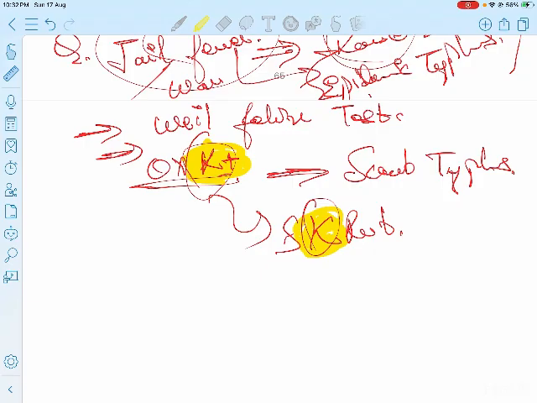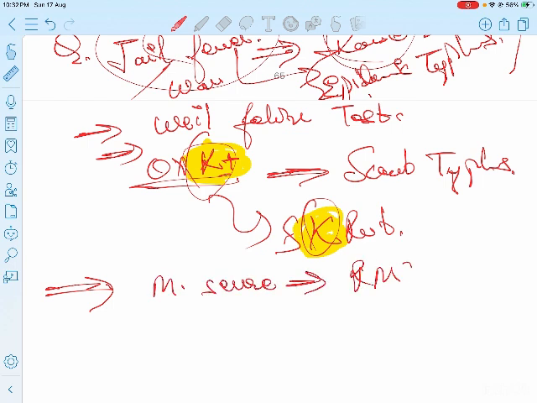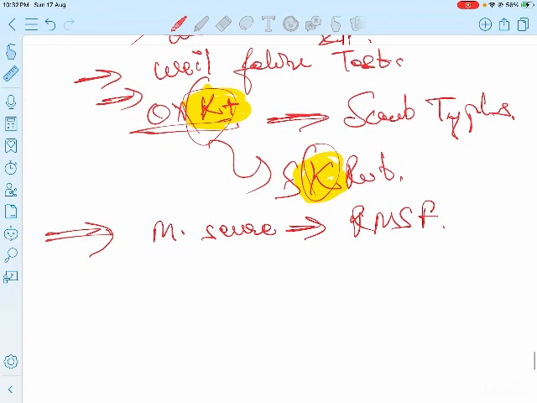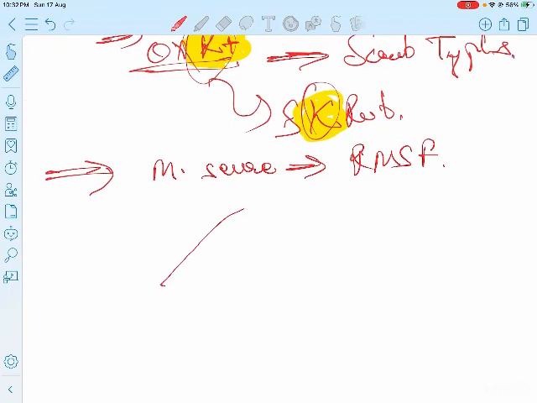Now the most severe disease of all of these is Rocky Mountain spotted fever. You can remember it by when we climb a mountain. It is very difficult to climb a mountain on an inclined plane. So since it is very difficult, it is Rocky Mountain spotted fever.